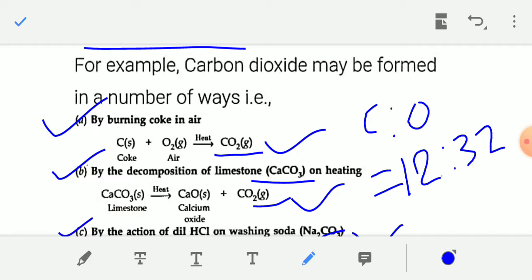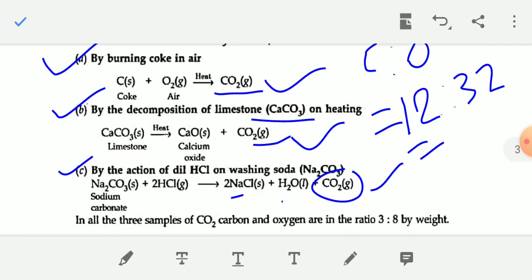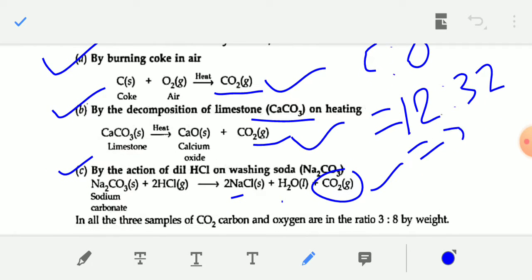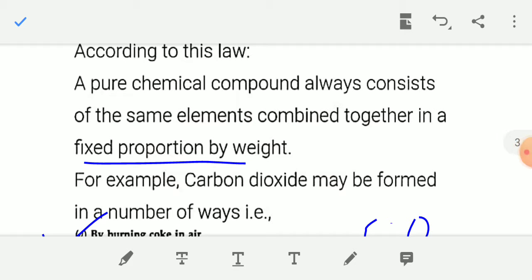So the ratio will be 3 is to 8. 3 is to 8. Okay, that's why it is written: a pure chemical compound always consists of the same elements.